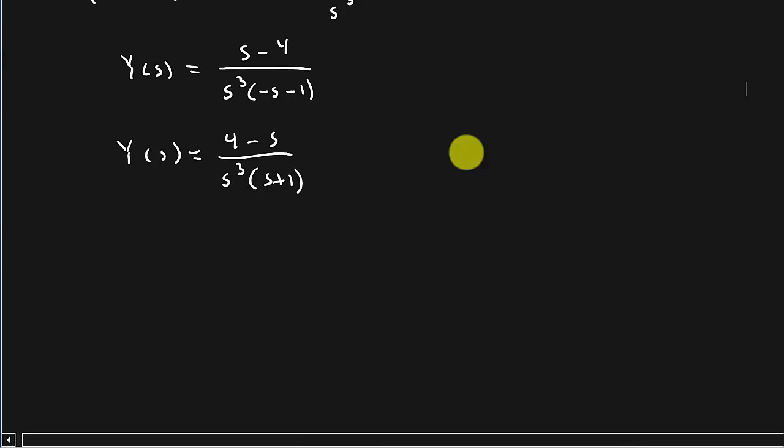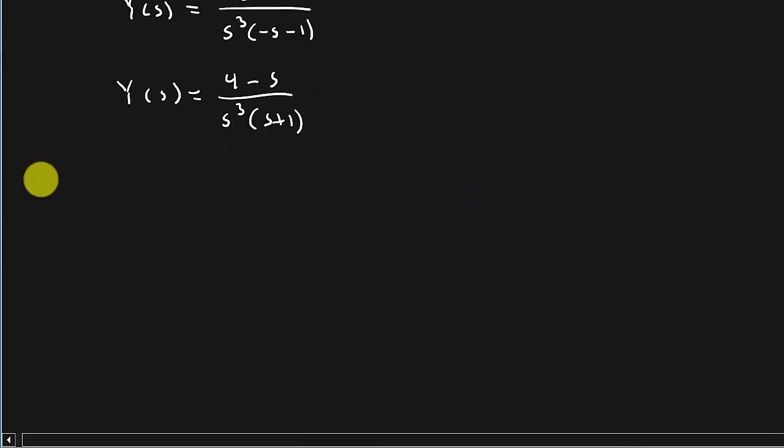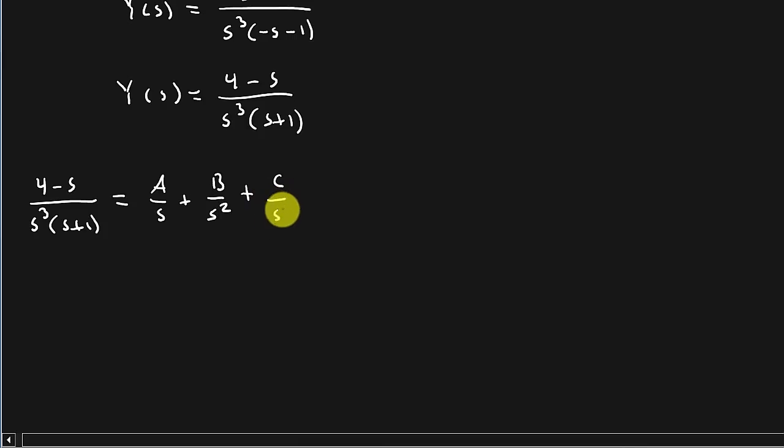Partial fractions. All right. So we've got 4 minus s over s cubed times s plus 1 equals a over s plus b over s squared plus c over s cubed plus d over s plus 1.